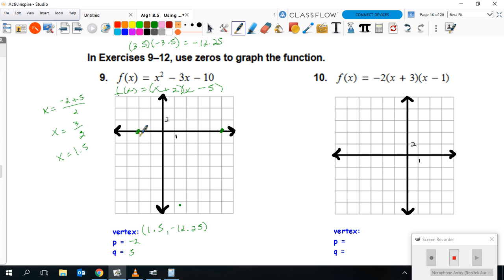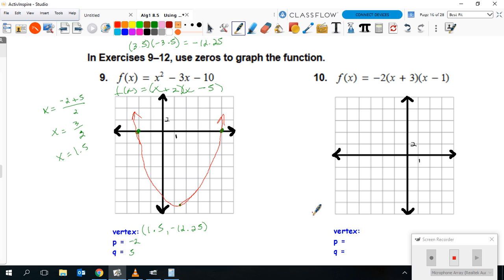I'm going to say it's going to go up this way and up that way. You can use the A pattern. We're going to go 1 each way and go up 1, 2, go up 4. So it's pretty close. As long as you get the idea, it's opening up, as you can see.